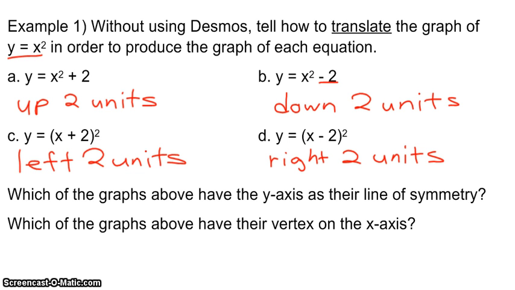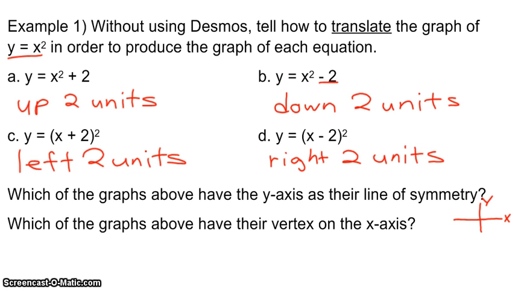So the next question is, which of the graphs above have the y-axis as their line of symmetry? In the back of your mind, you want to think of a graph. This is your y-axis. Which one will have the y-axis as my line of symmetry?